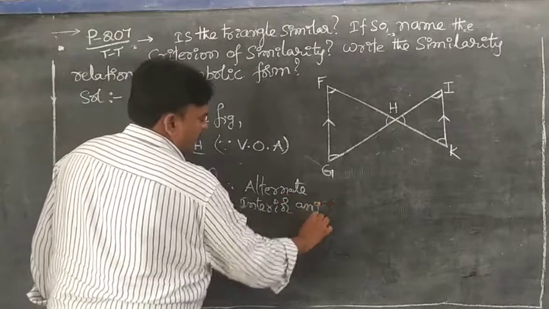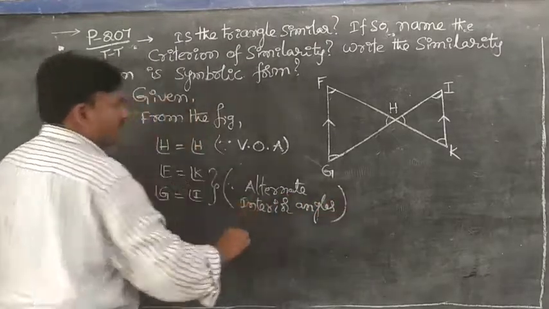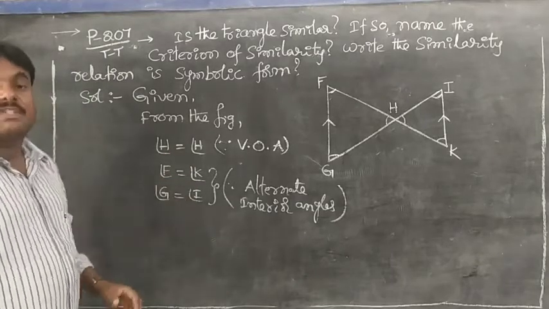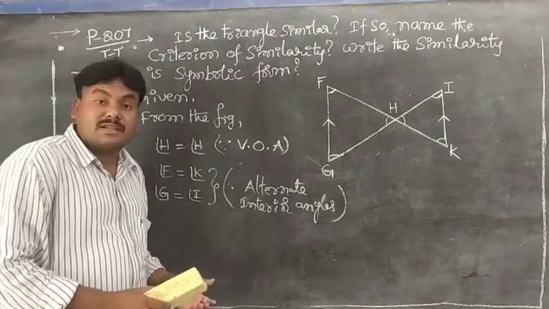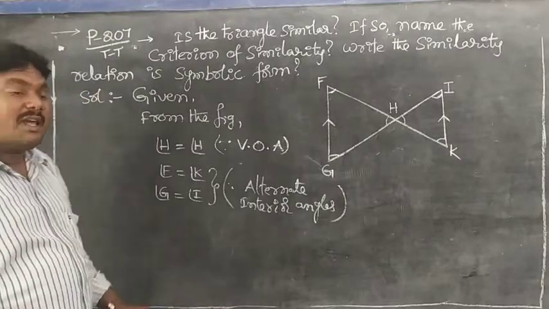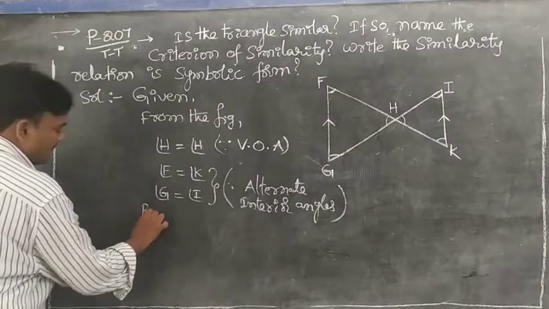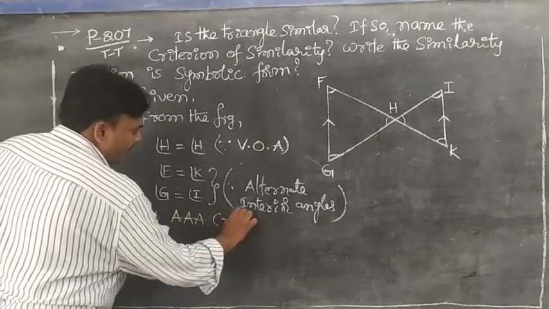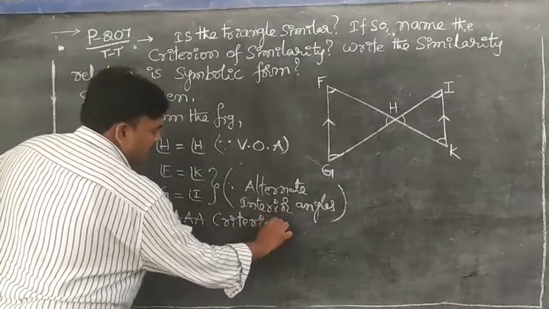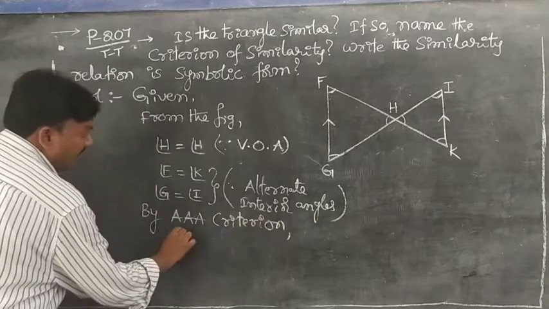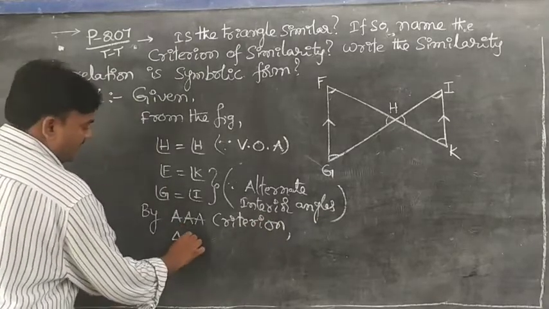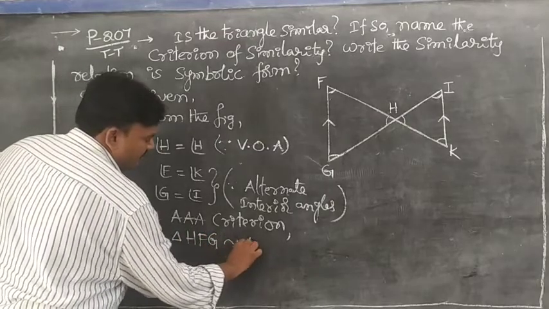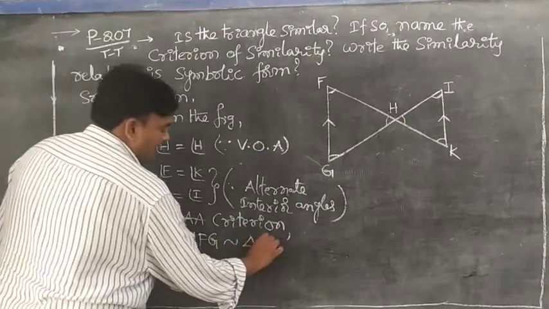So in both triangles, three angles are equal. Which criterion can be applied here? Yes, that is the AAA criterion. So by AAA criterion, triangle HFG is similar to triangle HKI.